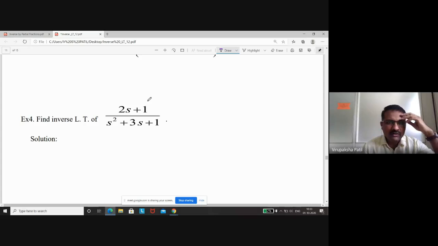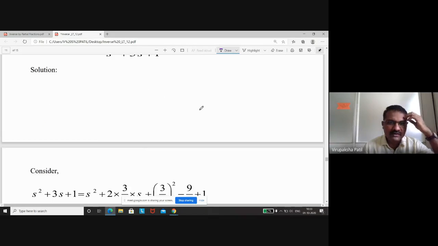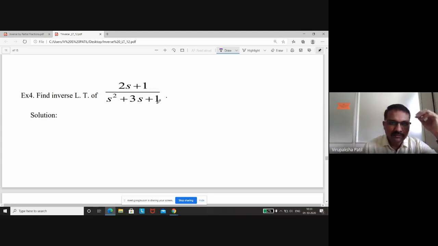Okay, now we'll take one more example depending on that. Find the inverse Laplace transform of 2s plus 1 divided by s square plus 3s plus 1. Before considering this entire thing, we need to concentrate more on this denominator.